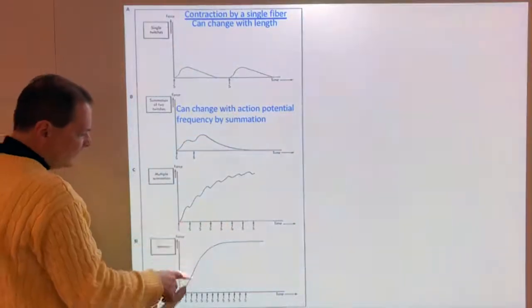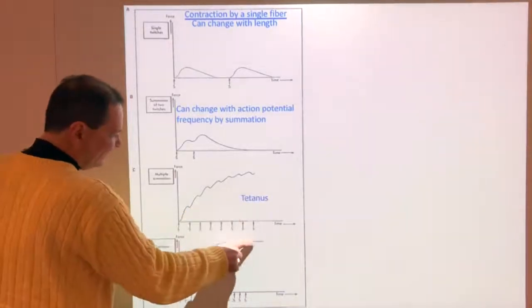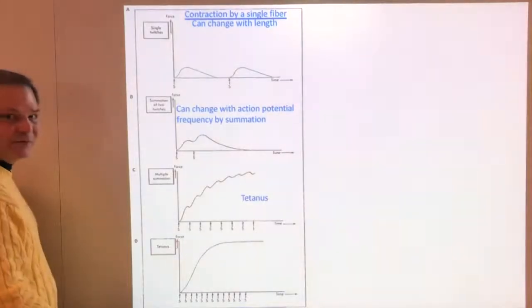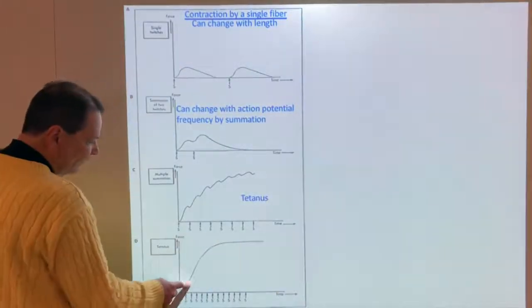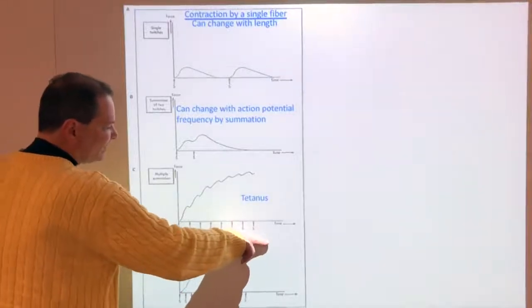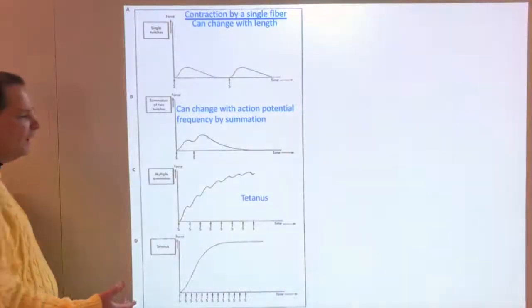And of course, if you do this to the maximum, then you get what's called tetanus. This is tetanus here. This label should be down here, and it should be on your slide at home. Down here, this is where you've stimulated it so many times that you've achieved maximal tension and not allowed that muscle to relax at all.